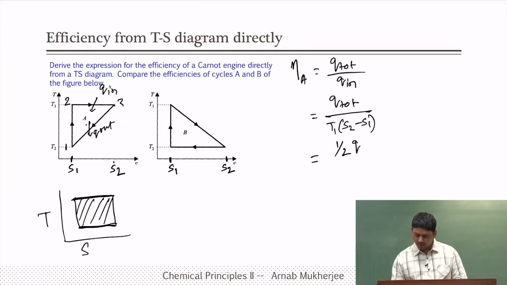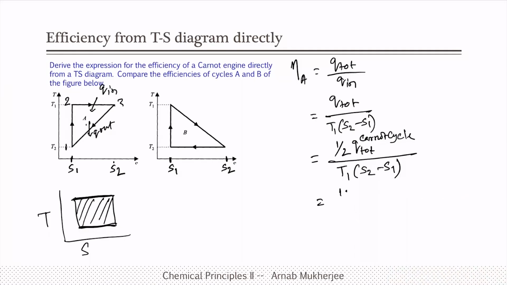Q tot is half of Q tot of the Carnot cycle, divided by T1 times (S2 minus S1). Now, what was the Q tot of the Carnot cycle? Again from here you can see T1, this is T2, this is S1 and this is S2.